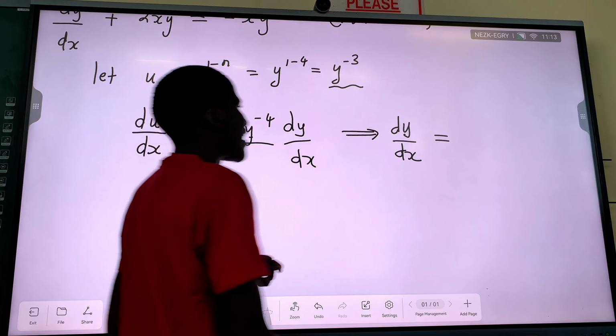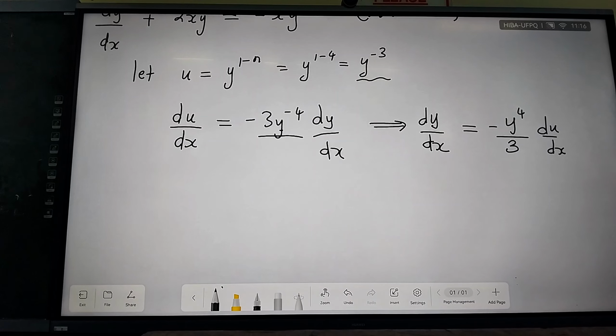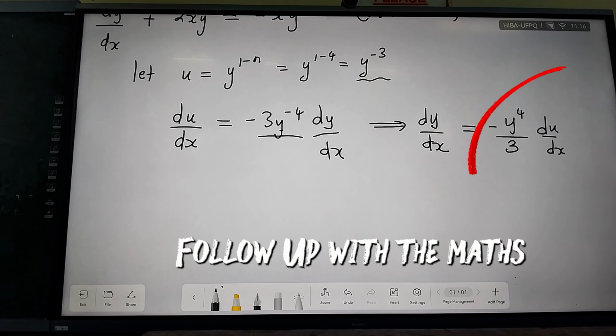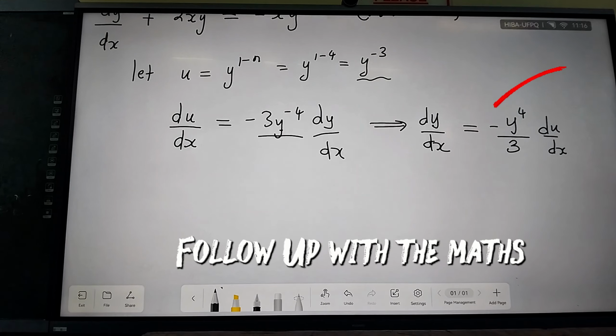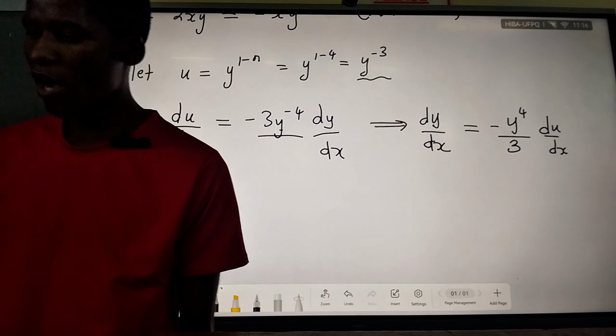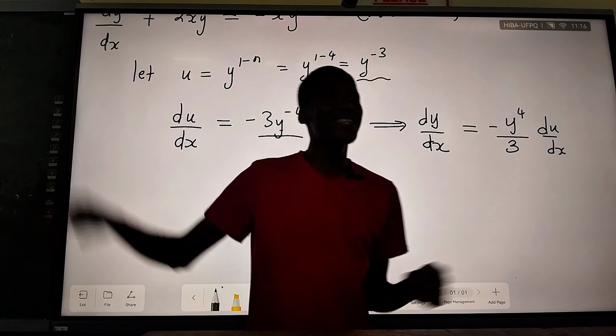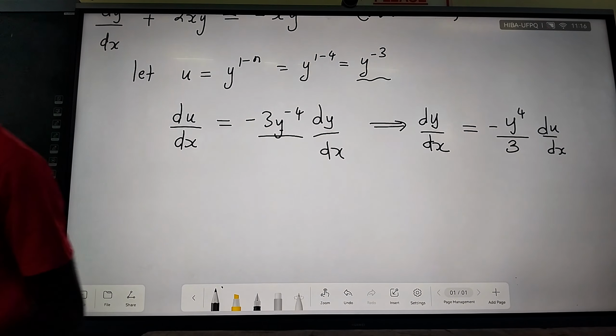Shothi I'm going to have du dx times negative 1 over 3 y to the power minus 4. Lo y to the power minus 4 ungamisa phezulu. Nakho.